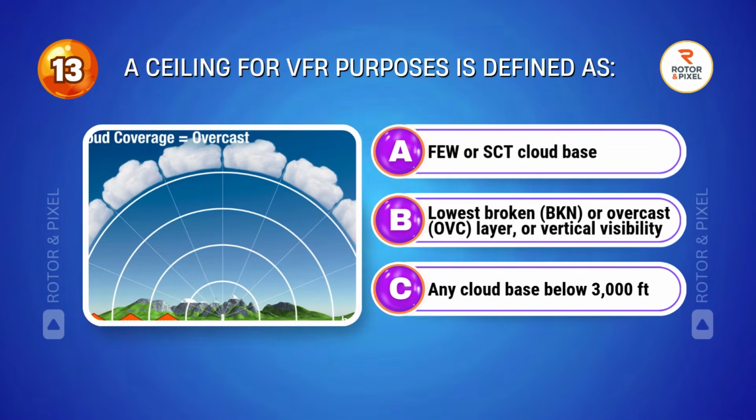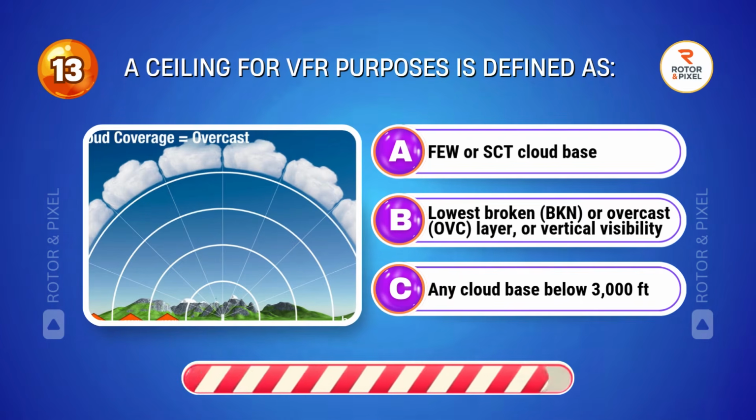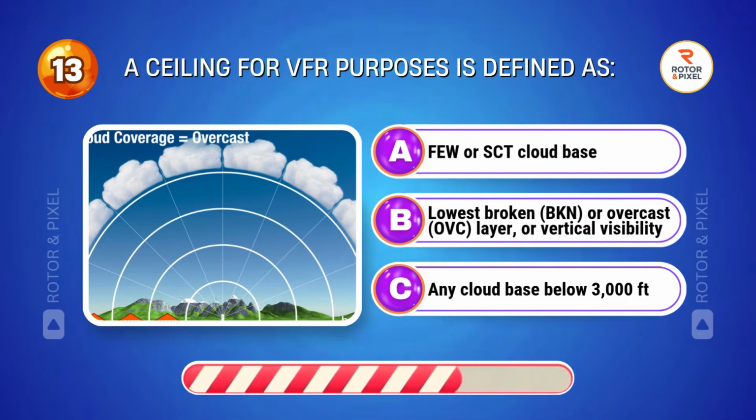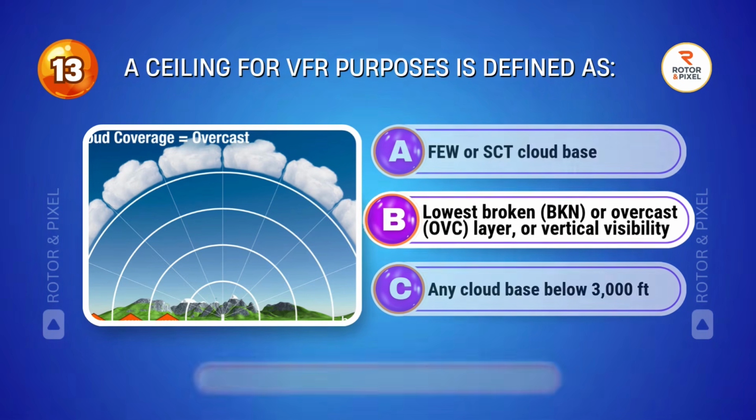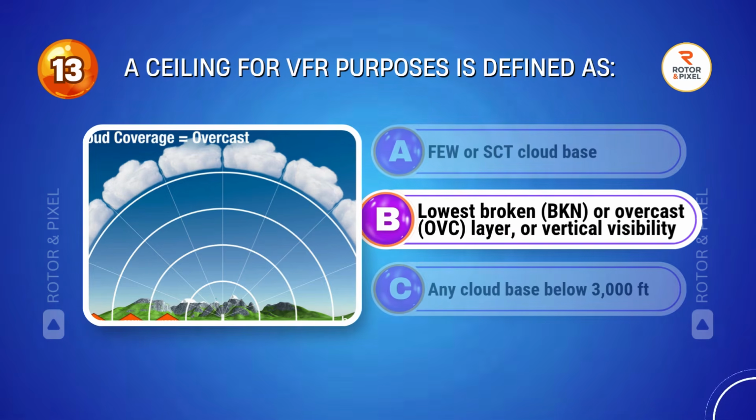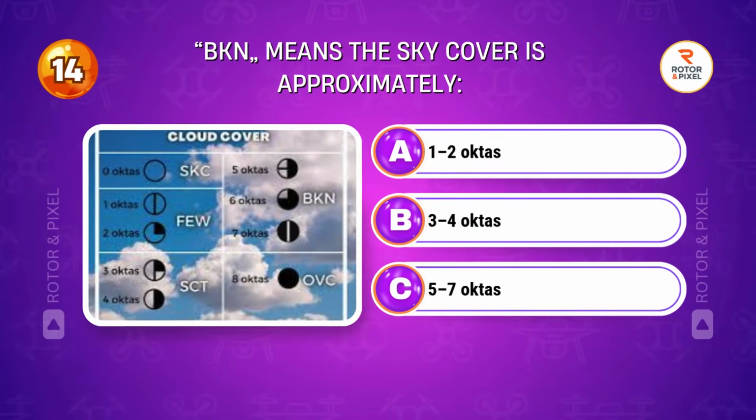A ceiling for VFR purposes is defined as? Answer B, the lowest broken (BKN) or overcast (OVC) layer, or vertical visibility. BKN means the sky cover is approximately?